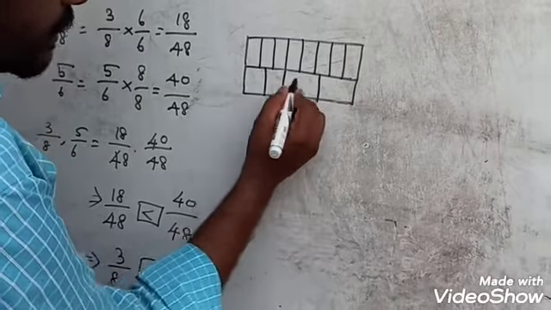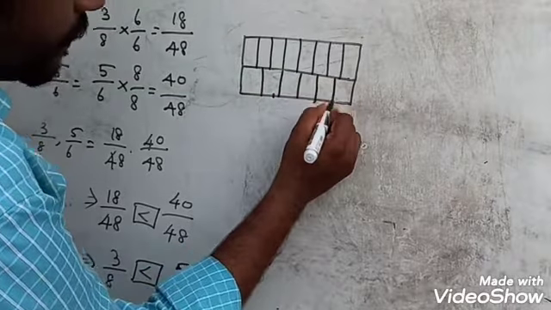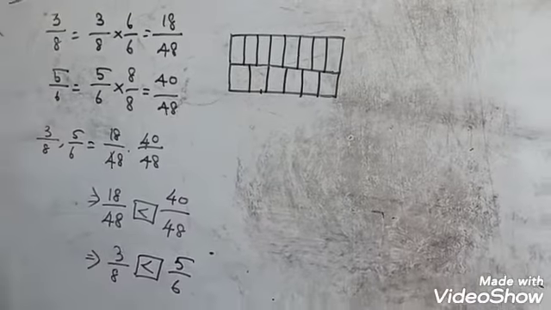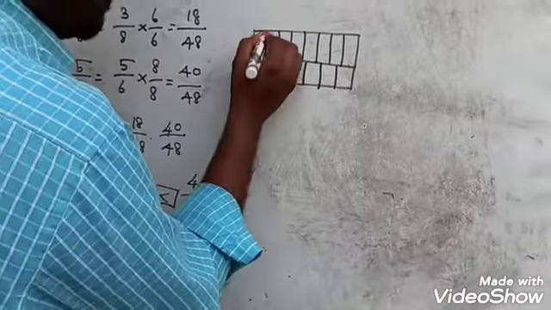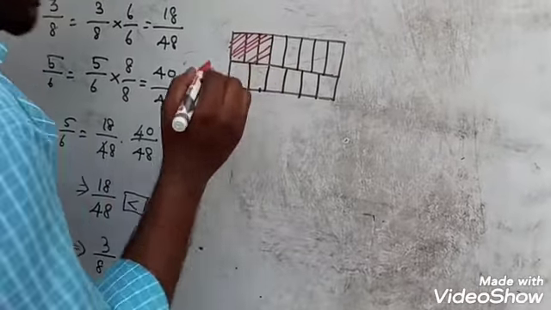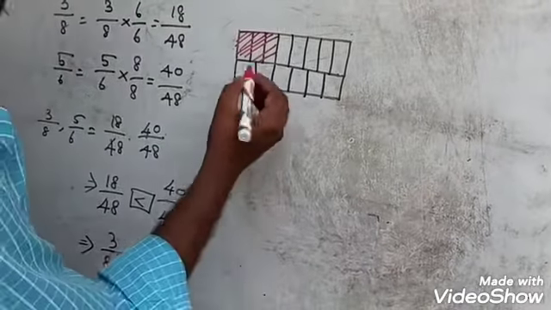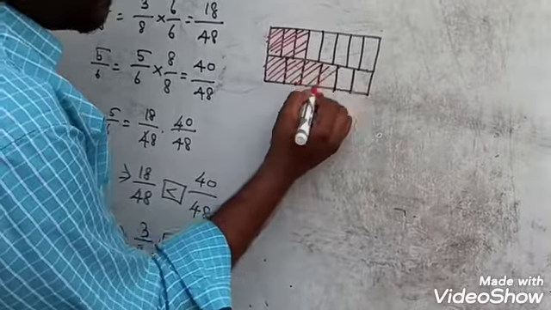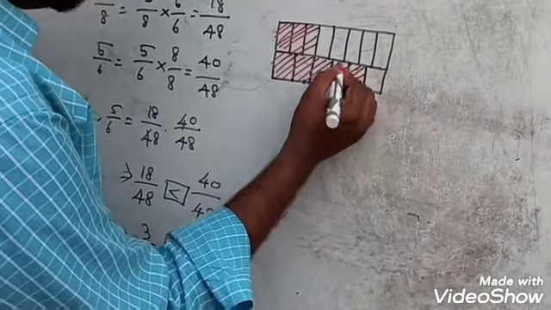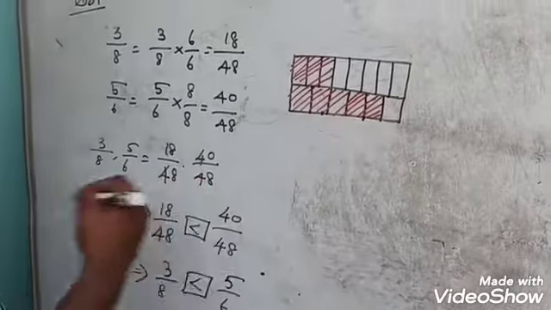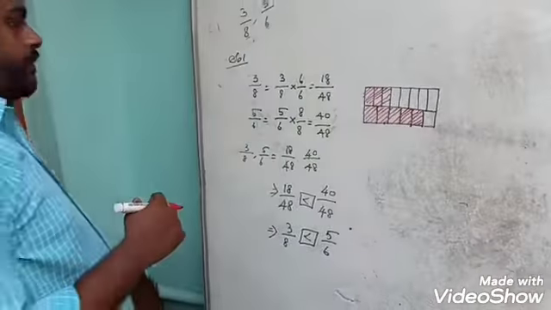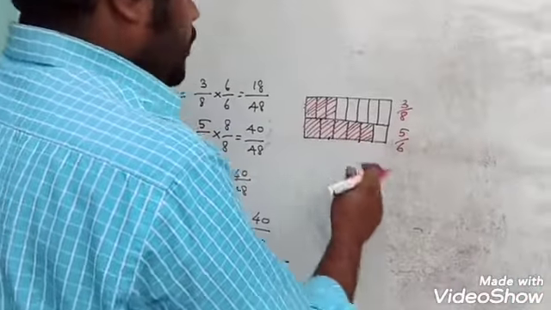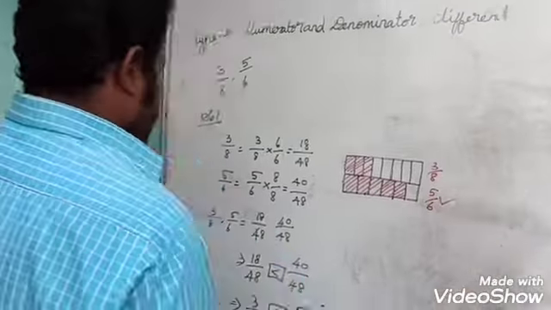So now I consider 6 equal parts. The first one has 8 equal parts and the second one has 6 equal parts. In the first one I want to shade 3 portions. In the second one I need to shade 5 equal parts out of 6. So probably we get this one is 3 by 8, this one is 5 by 6. Probably this one is the greater one.